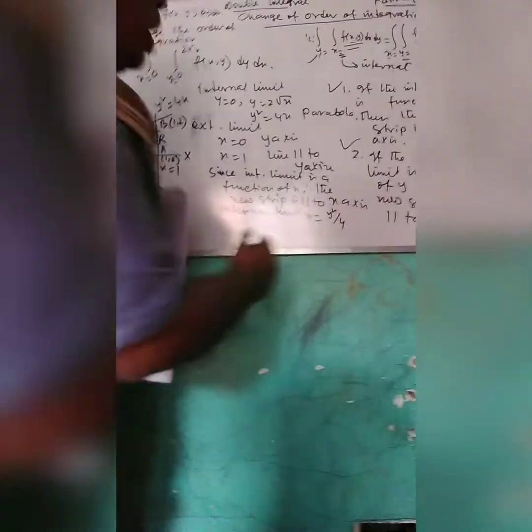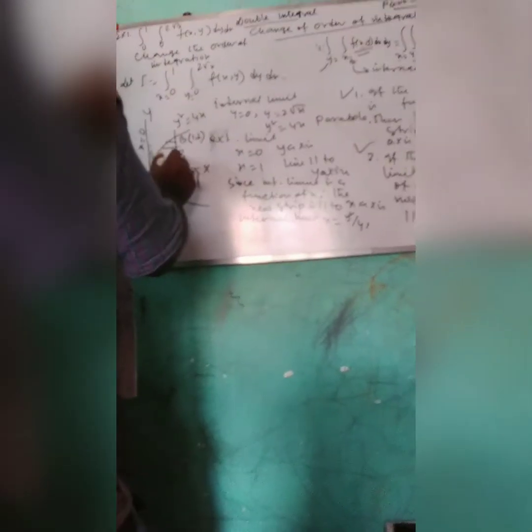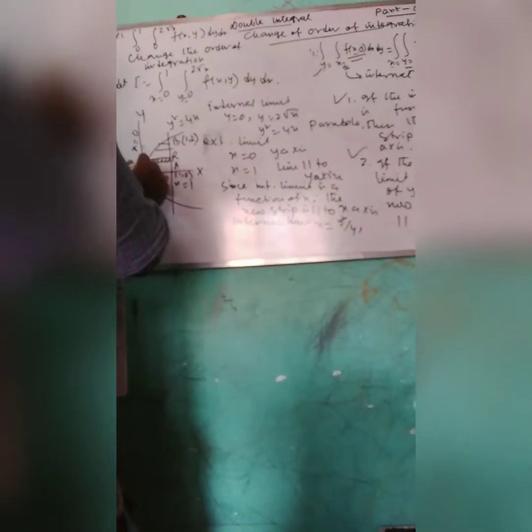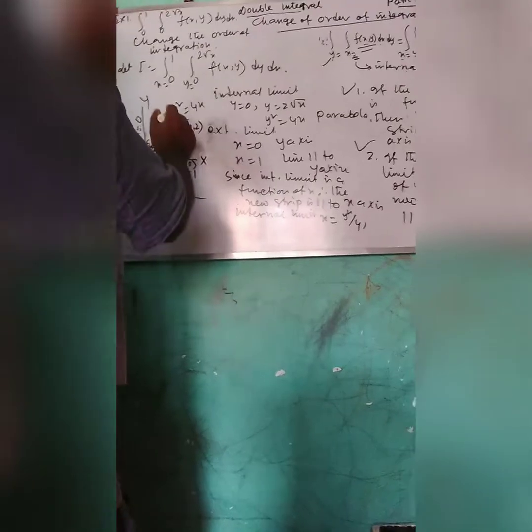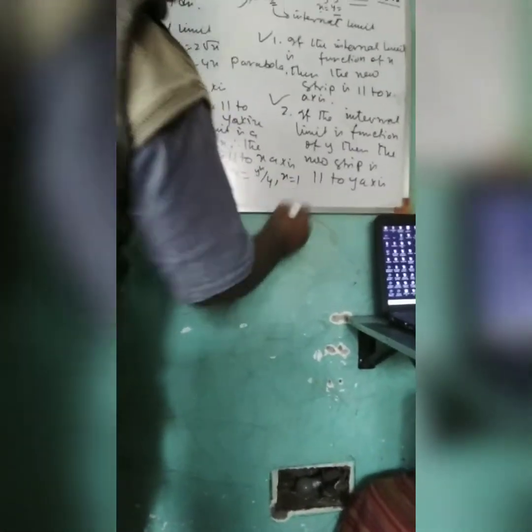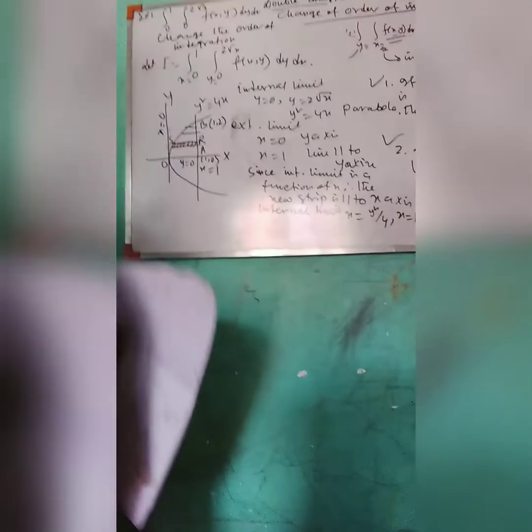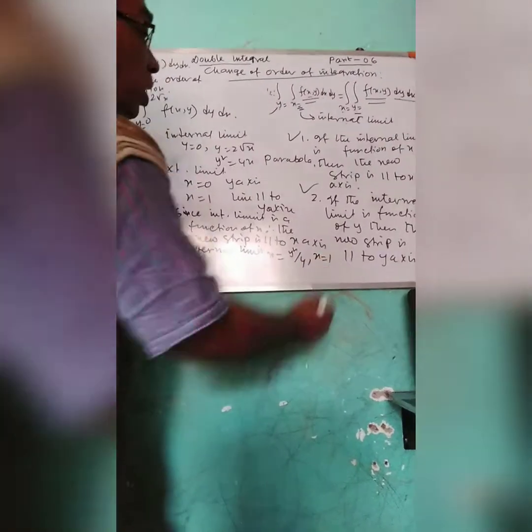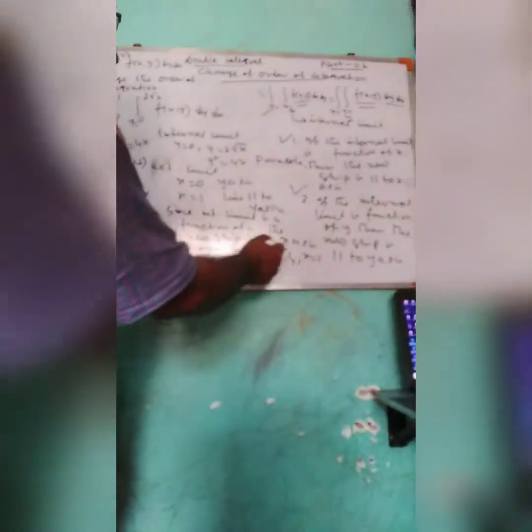And what is the upper limit? The new strip intersects the line x equal to 1, so the upper limit is x equal to 1. x equal to y square by 4 is the lower limit, and x equal to 1 is the upper limit. You get this from the strip.